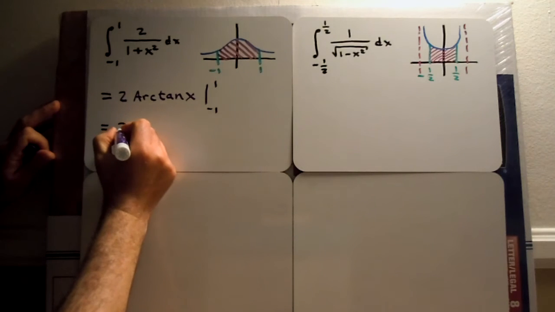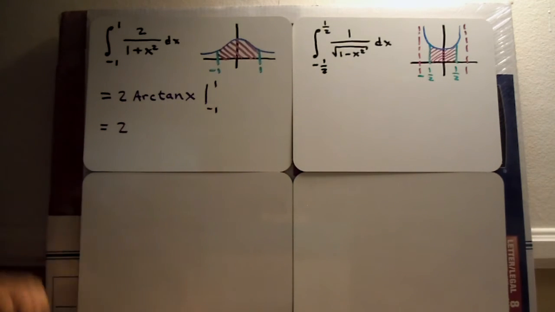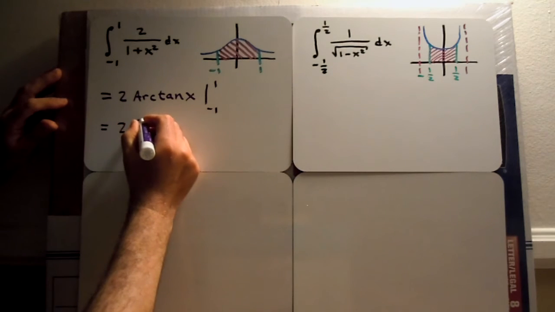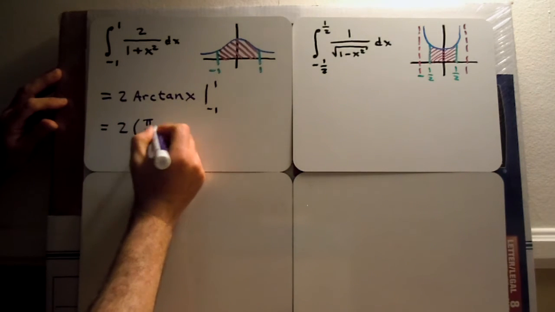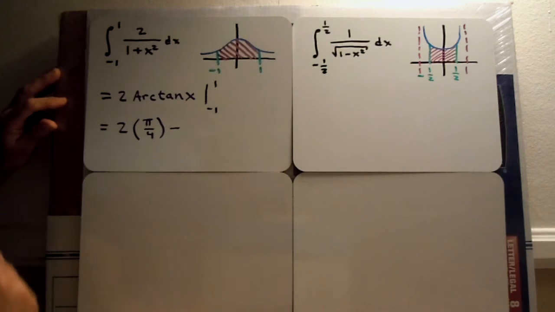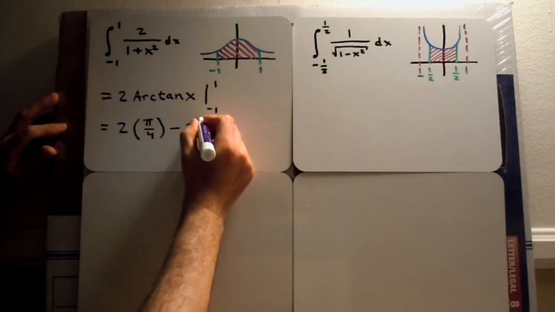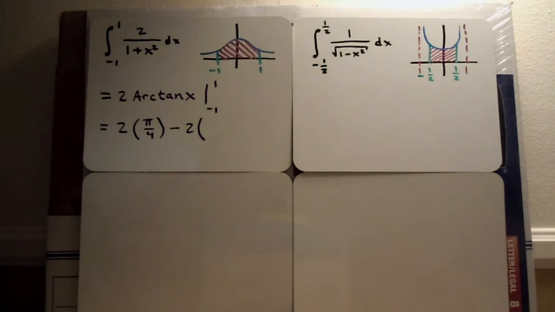So, if you recall, the arctangent of 1, think of the angle that has a tangent of 1, that's pi over 4. And then we subtract the value evaluated at negative 1. And again, we want the arctangent of negative 1.